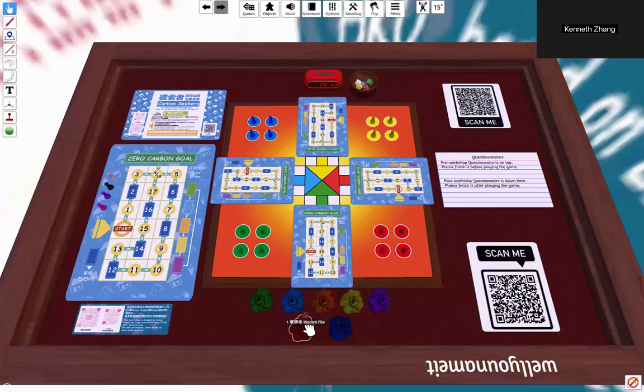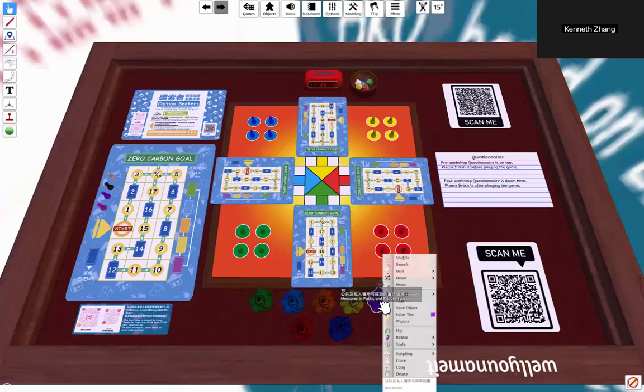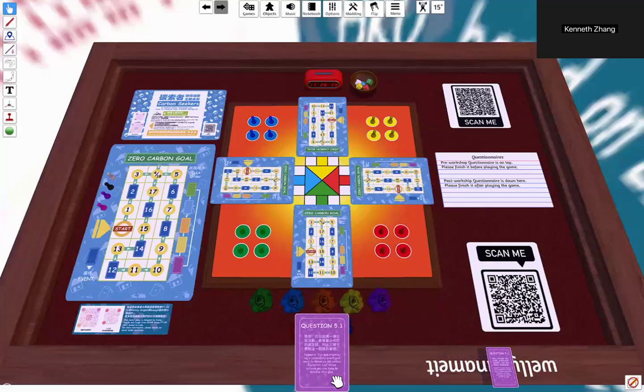So we could also encounter some open-ended questions. We can show you an example of it. Let's just draw a card from the fifth theme. So this scenario question is that you are organizing a community event and want to minimize its carbon footprint.